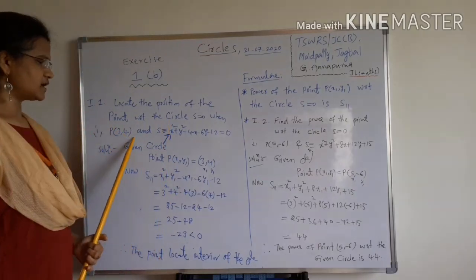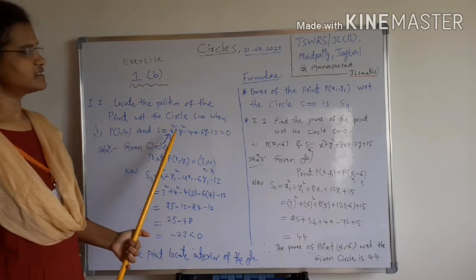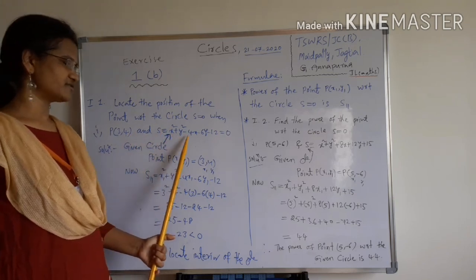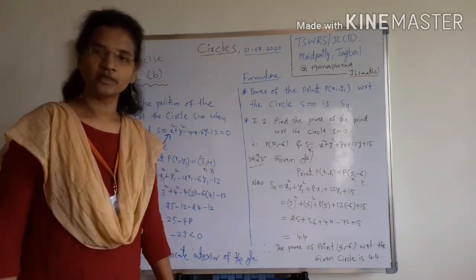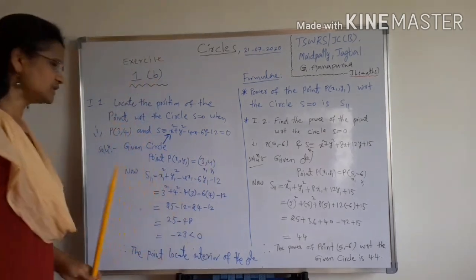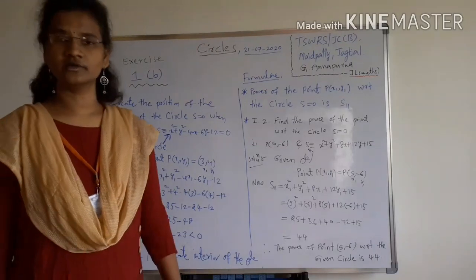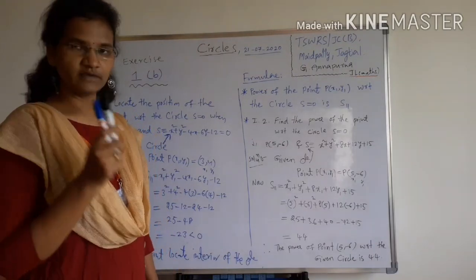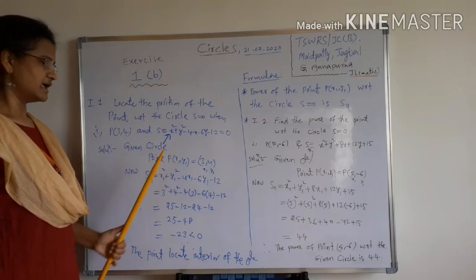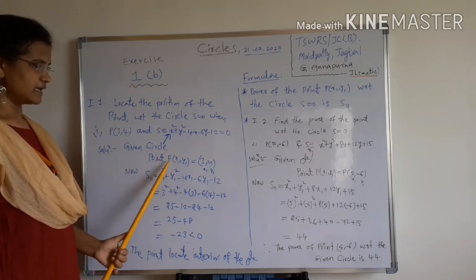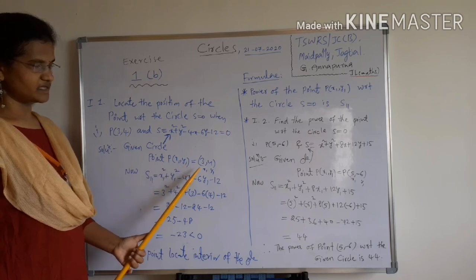P of 3, 4 and the given circle is x square plus y square minus 4x minus 6y minus 12 is equal to 0. Okay? See, coming to the solution, always we have to write the given data. So this is the given circle. Given point, what is the point? P of x1 comma y1 is equal to 3 comma 4.